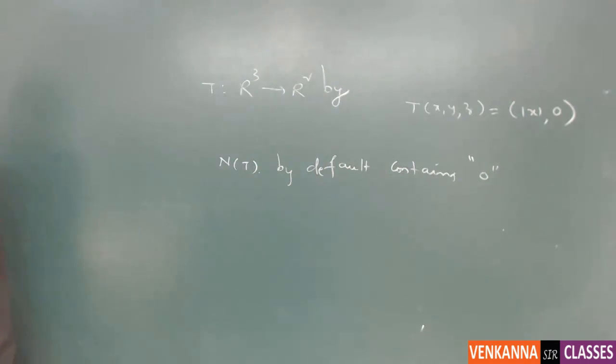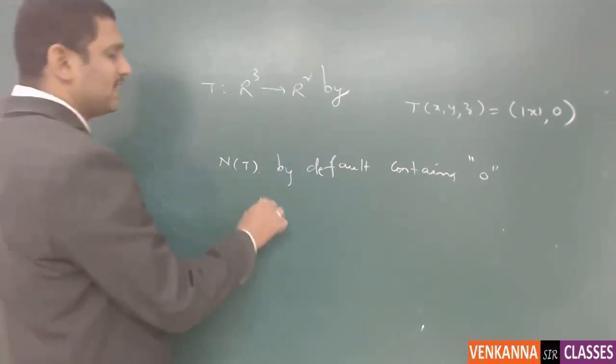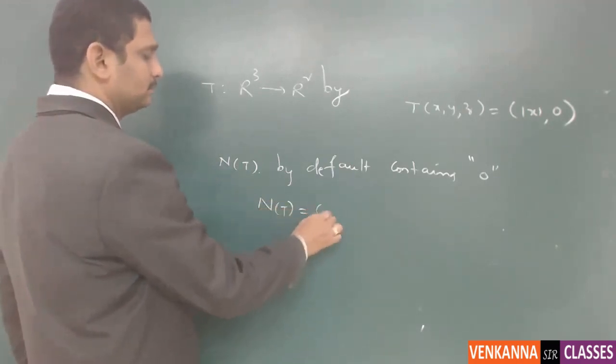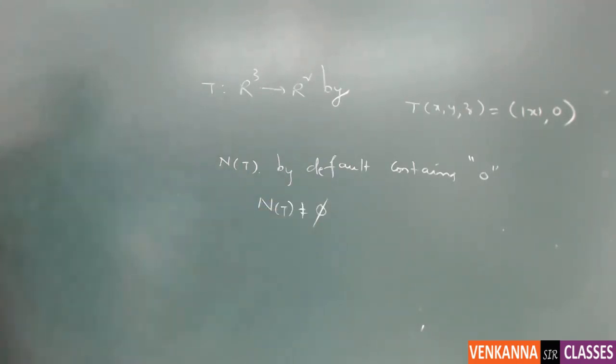That is common. Apart from this, we are checking what are the other values in N of T. Right? Are you getting the logic? Yes. So N of T is always a non-empty set. Apart from 0 vector, what are the other values there in N of T.